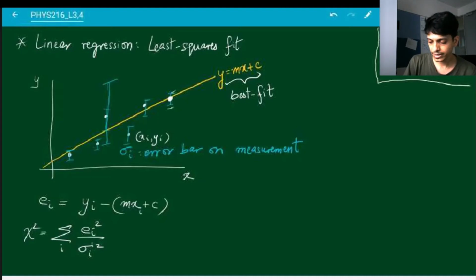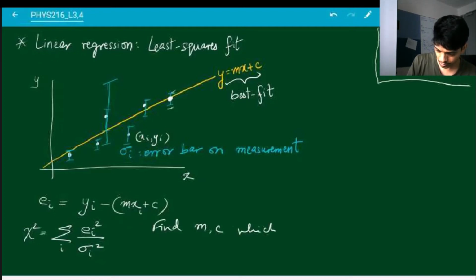So chi-square is the sum over the deviation of the point from the best fit line divided by the error bar squared. And the idea is that we want to minimize this chi-square, or we want to find the values of m and c which will minimize chi-square.